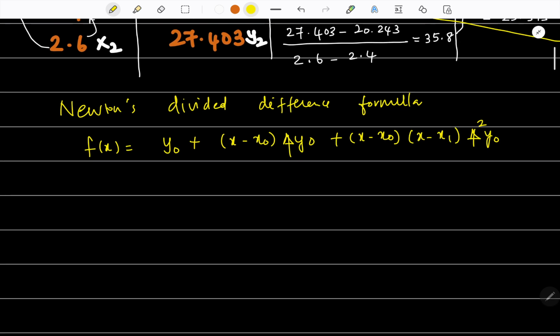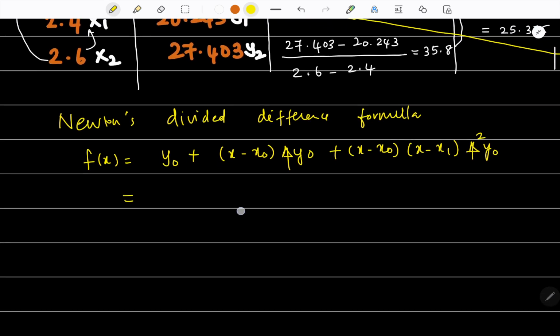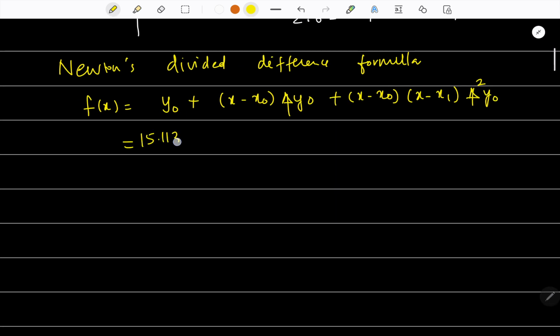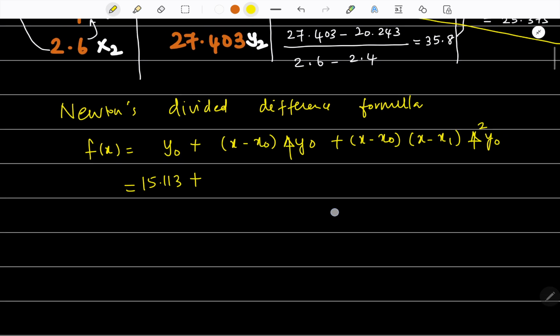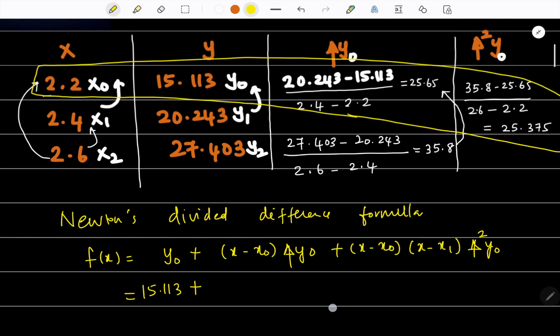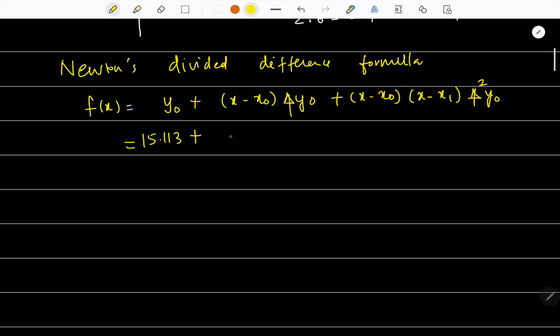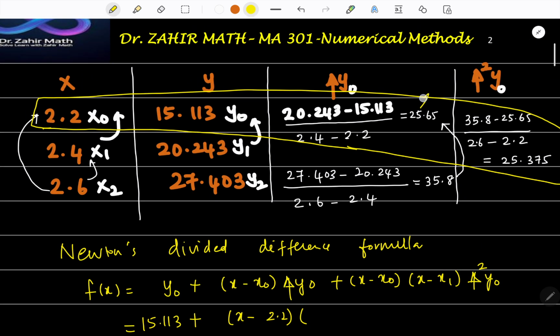This is the formula. So this equals y naught value, which is 15.113, plus x minus x naught, which is 2.2, times del y naught. This is your del y naught, and this is your del square y naught.